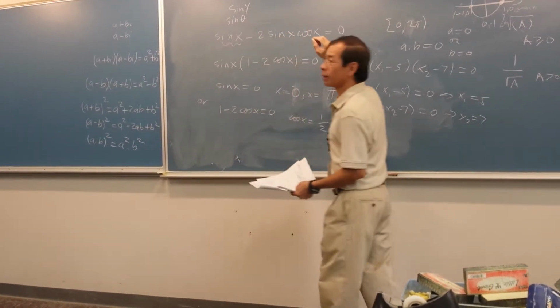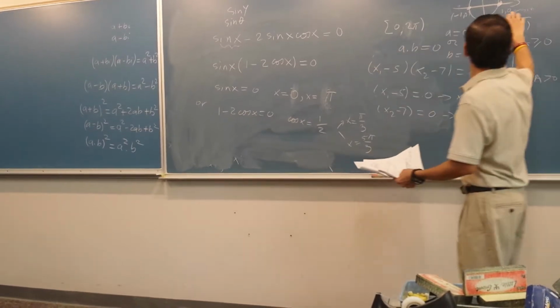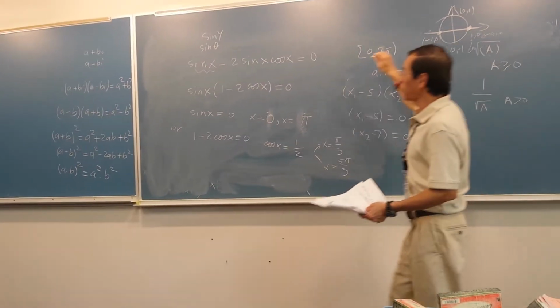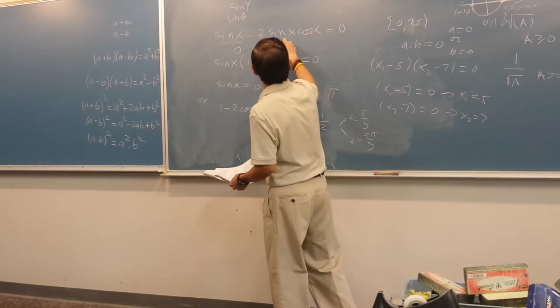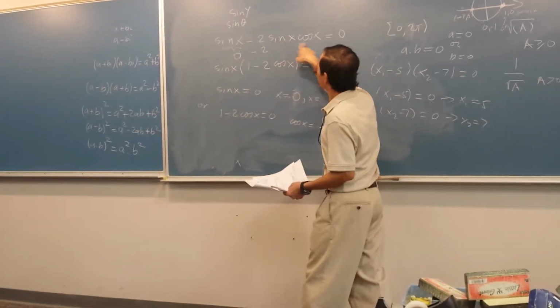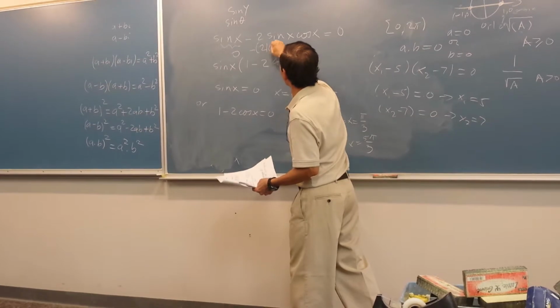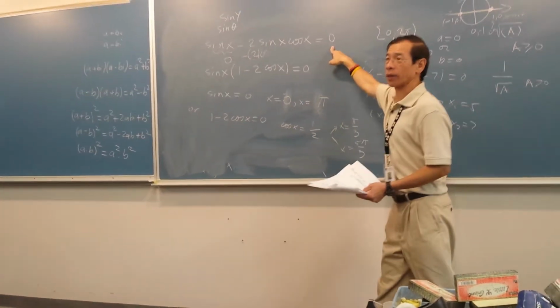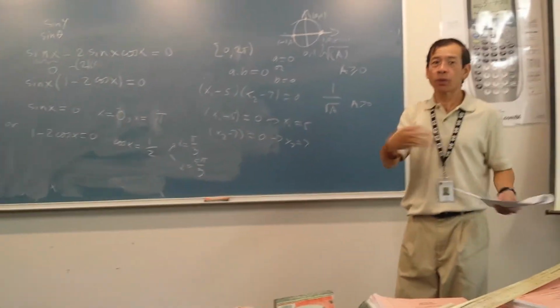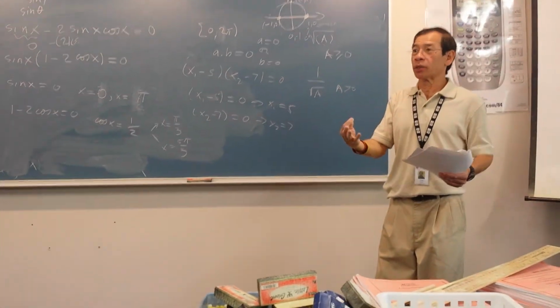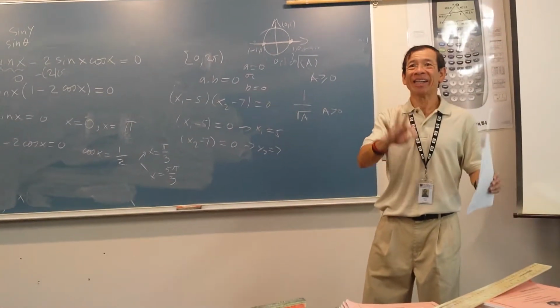What is it? Sine of 0 is 0. Minus 2 times sine of 0: anything times 0 is 0, so therefore we have a 0 here. You can validate that with your calculator, just to be sure, when you have time.